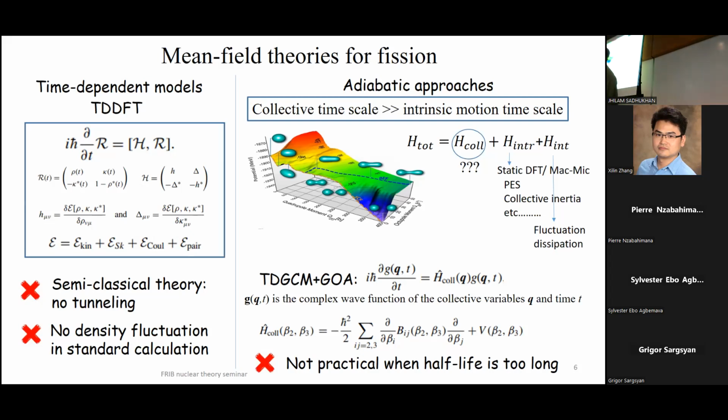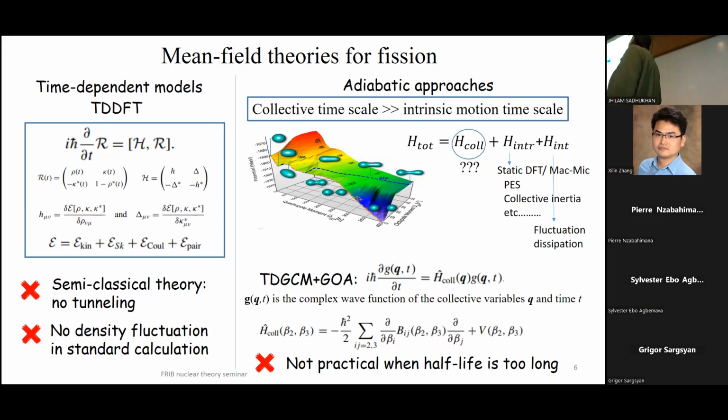But the limitation of this kind of theory is that it is a semi-classical theory and cannot describe tunneling. It conserves the total energy. Not only that, it is a kind of deterministic theory, so we cannot get the distribution from it. We can have only one fragmentation if we follow a single path.